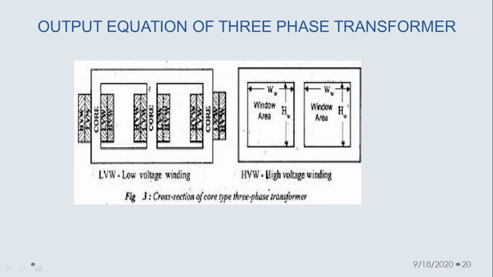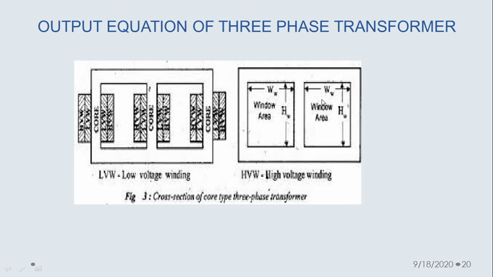Near to the core is the LV winding, which is the same in three phase as well as single phase transformers. Next, the HV winding is wound. So here also the LV winding is near to the core and after that the HV winding, then the LV winding and HV winding. They are wound on the legs or core of the transformer. That is in the case of a three phase core type transformer.